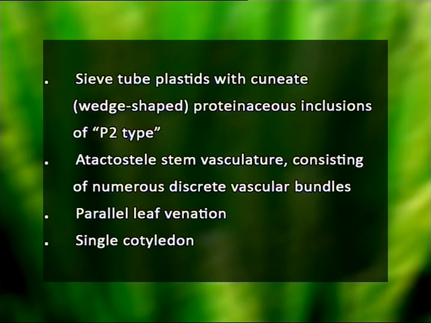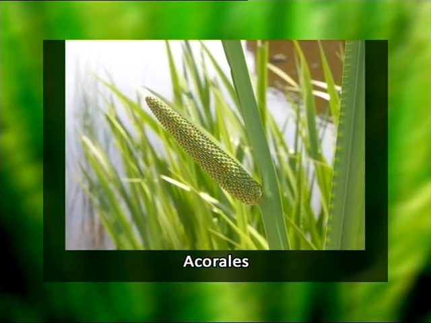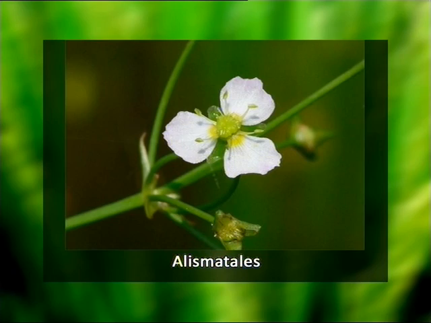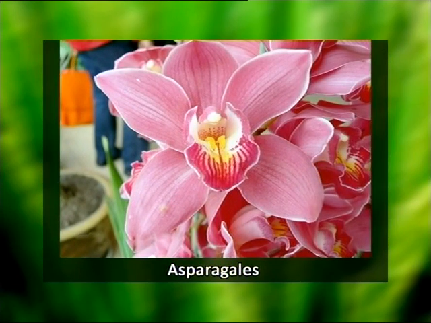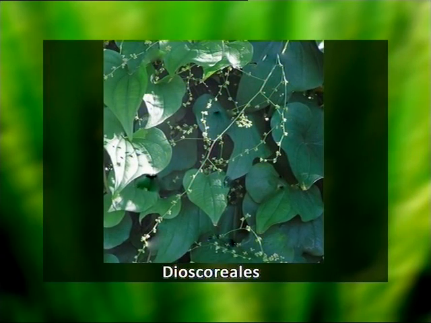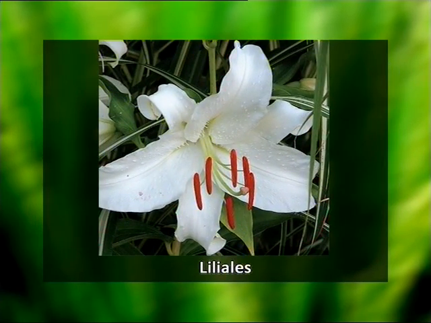a single cotyledon. The various orders that have been recognized under the monocots at present are acorales, alismatales, mostly the aquatic herbs, asparagales, a large order wherein we have the Orchidaceae family, the orchids, a diverse group of organisms. Then we have dioscoreales, liliales, the common lily family.